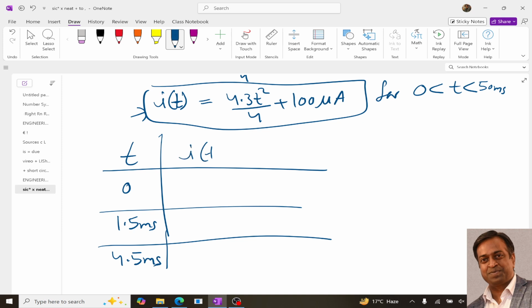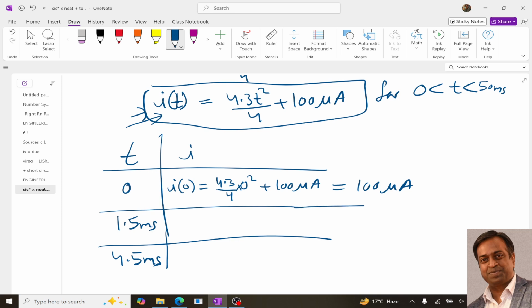Substituting t equal to 0 in this expression, our I(0) will be 4.3 upon 4 times 0 squared plus 100 microamperes, which equals 100 microamperes.